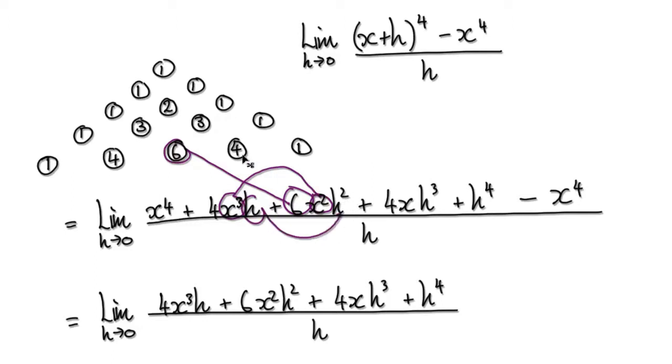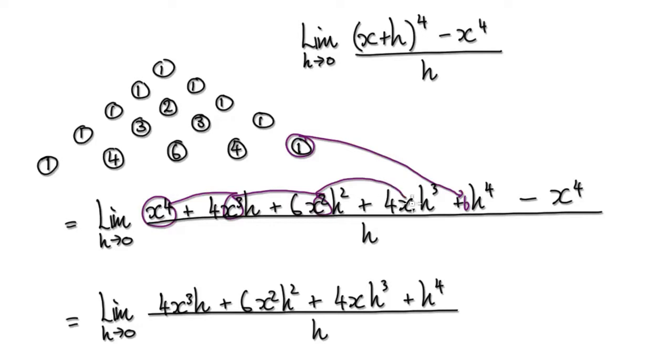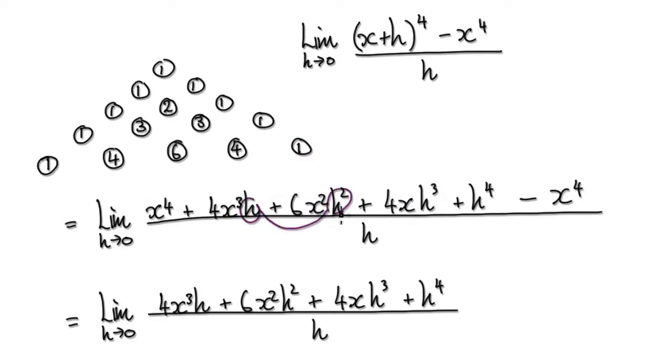And then the next coefficient would be 4, and then x decreases by 1, and then h increases by 1. And then the next one, the coefficient would be 1, and then the x decreases by 1 each time, so the last one would be x to the power 0. And then the h increases by 1 each time.